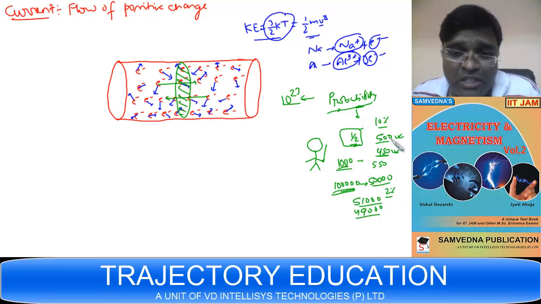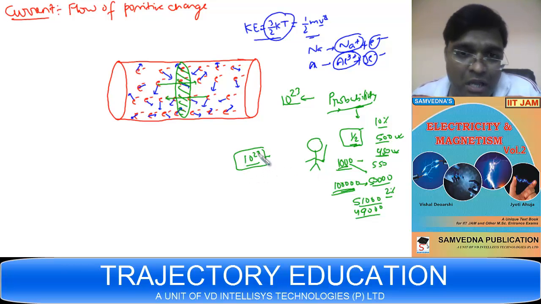So what do you see? As you go on increasing the number of events, the probabilistic statement gives you good results. If you go to 10 to the power 23, it's a huge number. I haven't seen such a number of objects at a time, more than even the number of stars and galaxies.